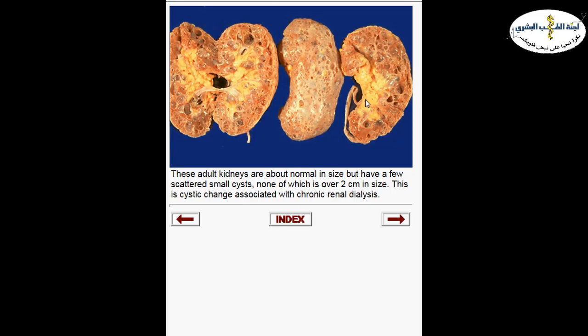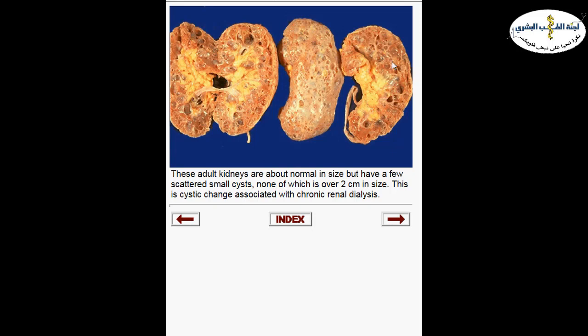Whatever the underlying cause that led to renal failure, whether diabetes, hypertension, glomerulopathy, or lupus nephritis, these patients who are put on renal dialysis chronically for a long period will have a risk of acquired cystic disease in their kidney, like this patient.